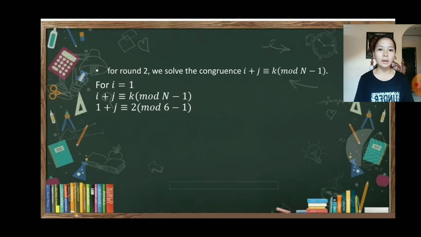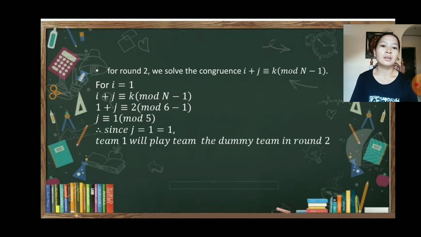So, we substitute i = 1, so 1 + j ≡ 2 mod (6 − 1). We transpose the 1, so j ≡ 1 mod 5. So, since j = 1 and i = 1, Team 1 will play the dummy team in round 2. Because when the value of j and i are the same, it means that team will be the one paired with the dummy team.